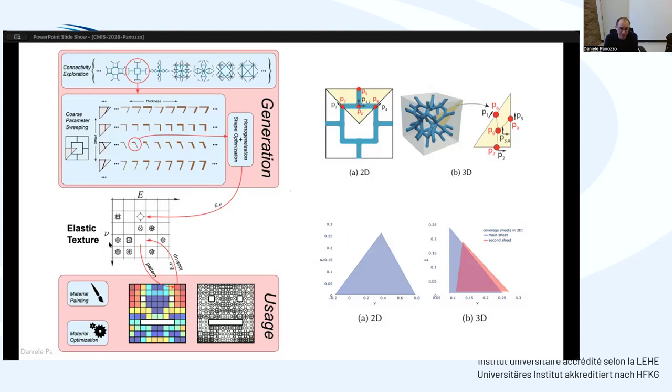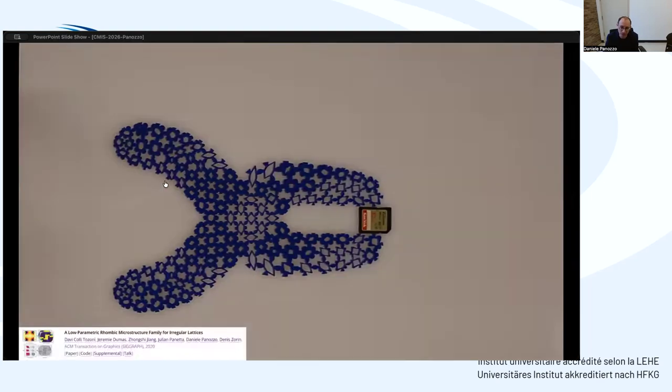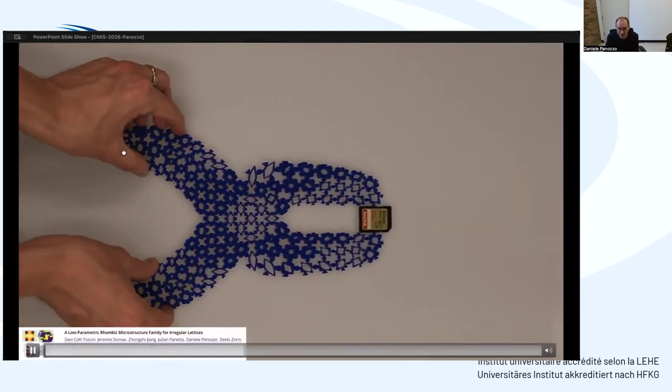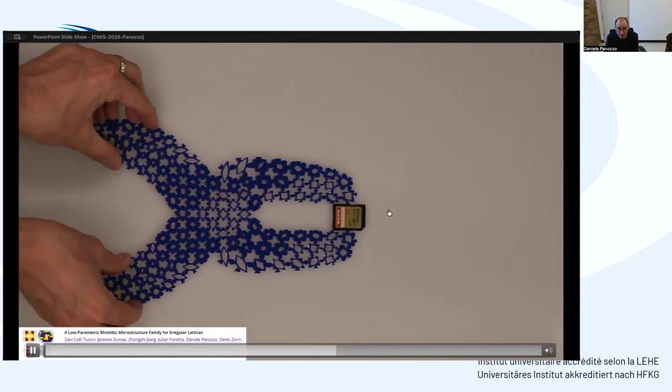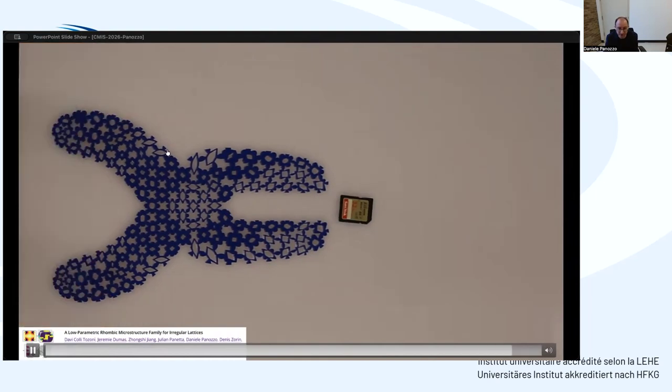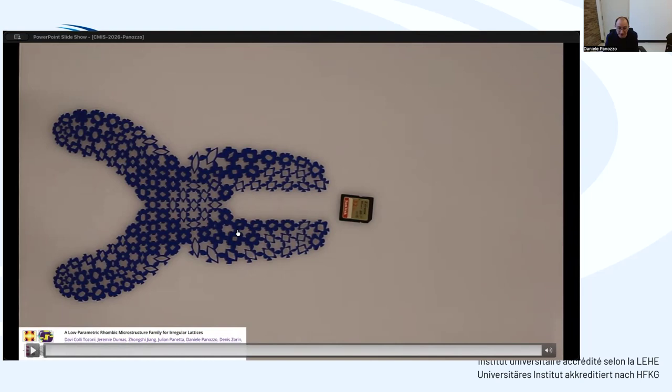The outcome is that we can do things like this one here, where it's a single piece of material. You compress it on one side, and it compresses also on the other side. This geometry is completely automatically synthesized by our algorithm. The trick is that the algorithm places some tiles in here that have negative Poisson ratio, and this creates some sort of mechanism. We have an extension of this to 3D.